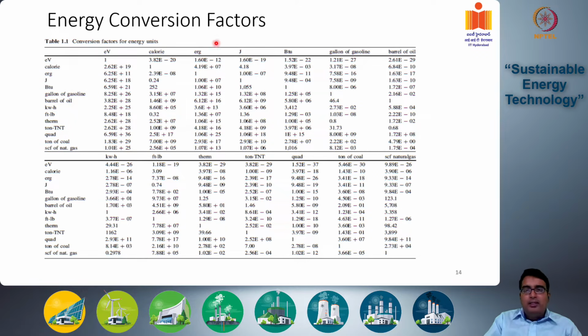So let's look at all of these in terms of joules. Alright. So this is electron volt. 1 electron volt is 1.6 into 10 to the power minus 19 joules. So it's a very small unit of energy.